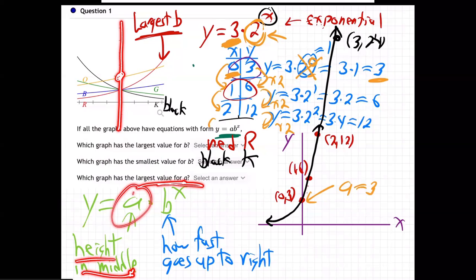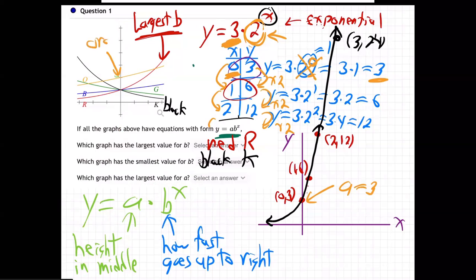The orange one right there is the highest in the middle, because he's at a height of 2 in the middle. The other guys are all at a height of 1 in the middle. So the orange one, the O, is that one. And so there we go. We've been able to figure that out.